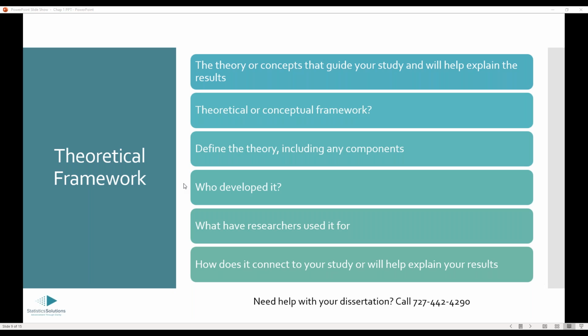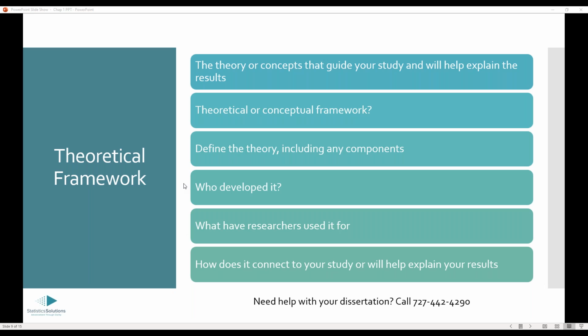People get hung up on theoretical or conceptual. Typically, theoretical framework is used for quantitative studies. Conceptual framework is used for qualitative studies. Don't ask me exactly why that is so, but that seems to be what we've encountered in our experiences.